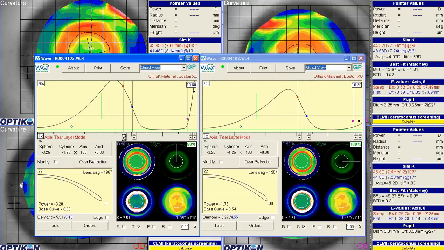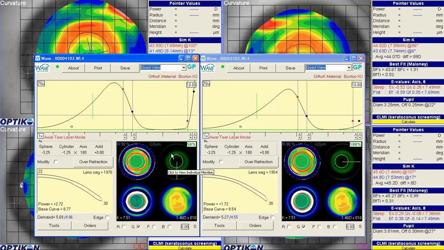So we'll come down. Coincidentally, we can get exactly 2.72. If we go to the inferior meridian, it should be exactly the same.